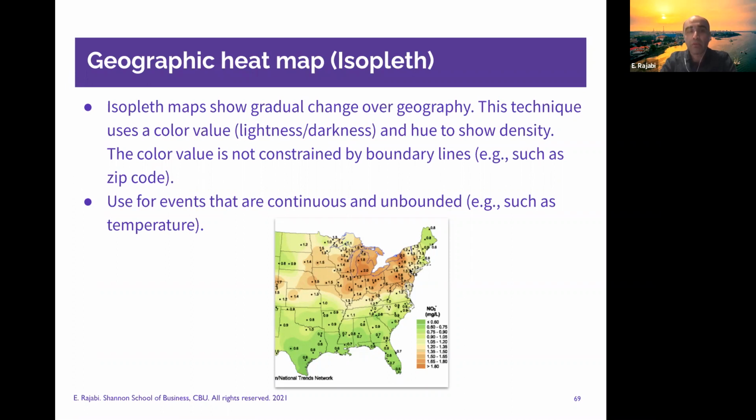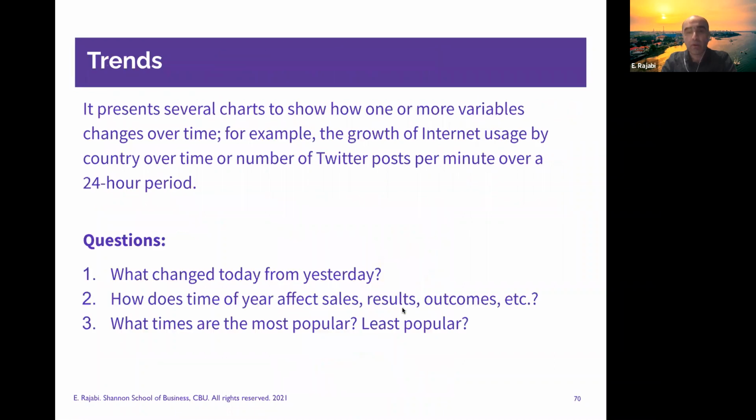For that case, we can use a geographical heat map or isopleth, which shows the gradual changes over geography. For example, when we want to show the temperature over different regions, we can use this geographical heat map.